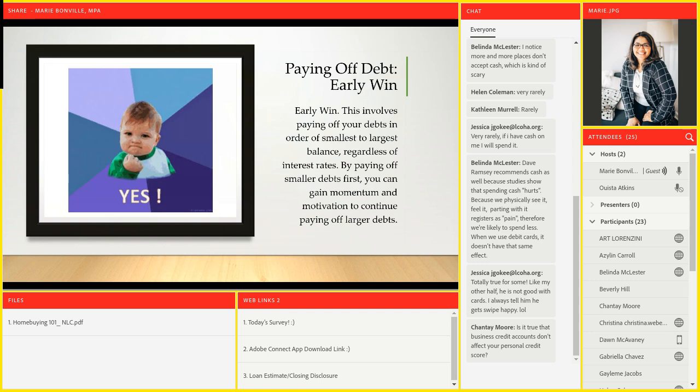You might say, well, interest rates cost the borrower over time. Shouldn't I start with the highest interest rate? Dave Ramsey and others have said that, in the end, you're only buying yourself a couple months, but what you get is motivation out of an early win. So this is paying off your debts, your smaller debts first.